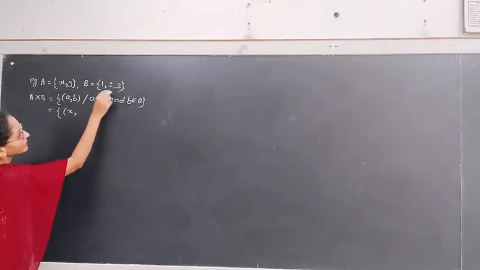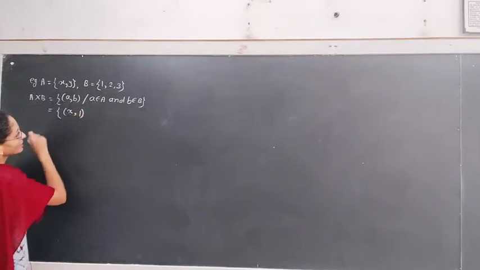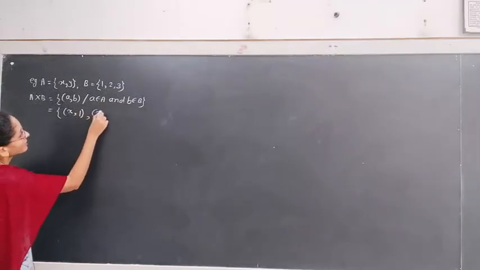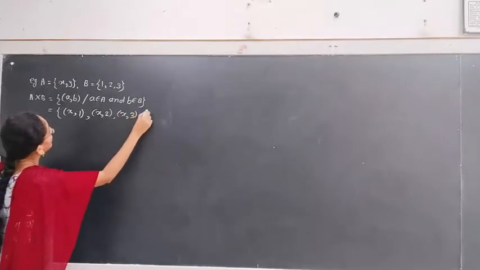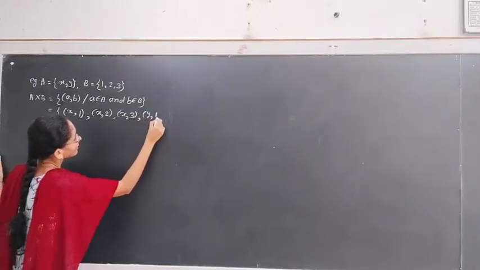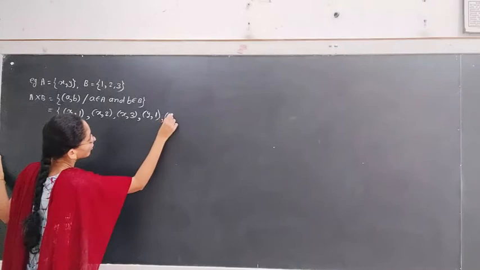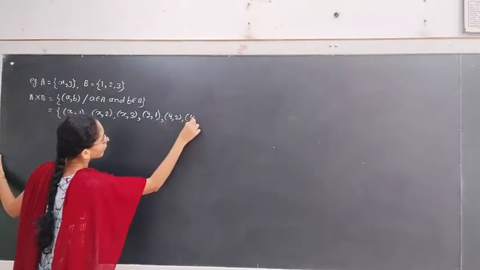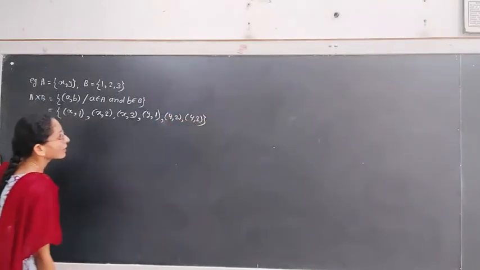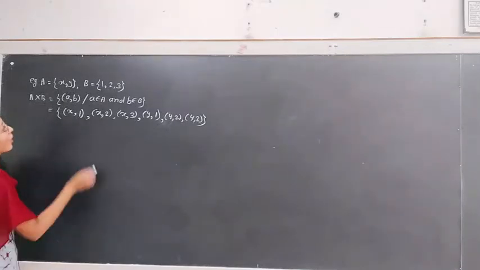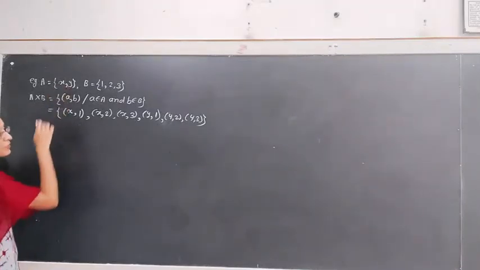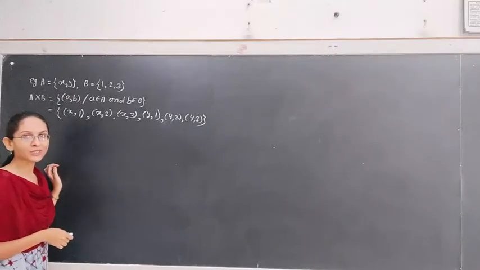Consider any one of these elements, suppose it is 1: the next elements are x2, x3, y1, y2, y3. Sorry, the pairs are x1, x2, x3, y1, y2, y3. These are 6 elements. Observe that set A contains 2 elements, meaning the cardinality of set A is 2.